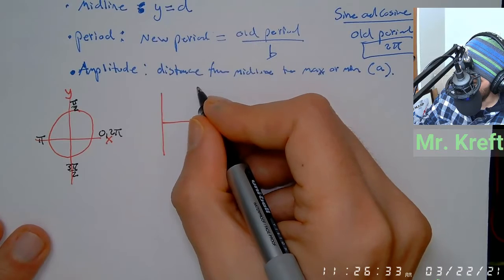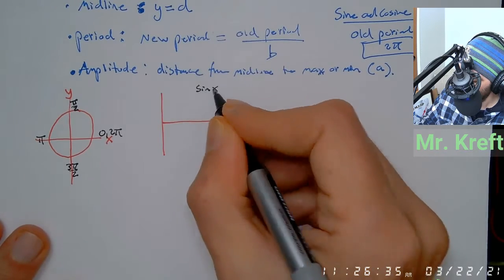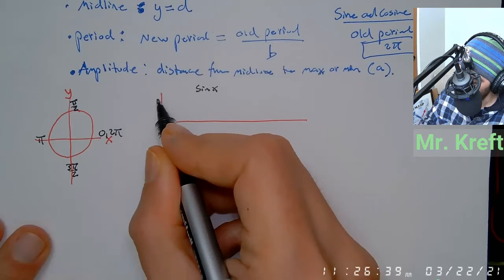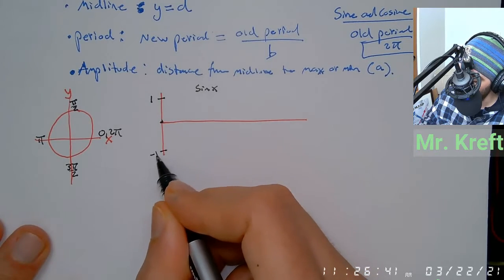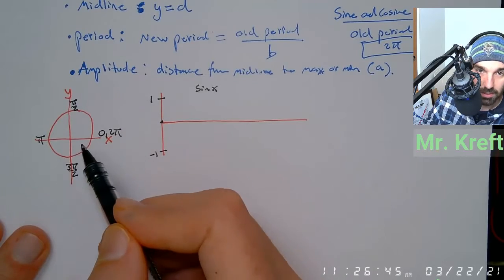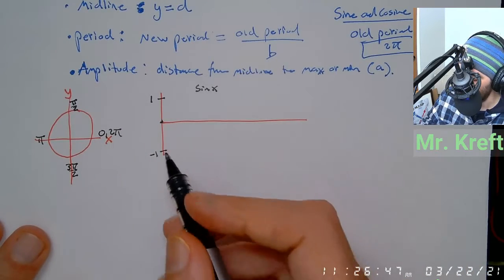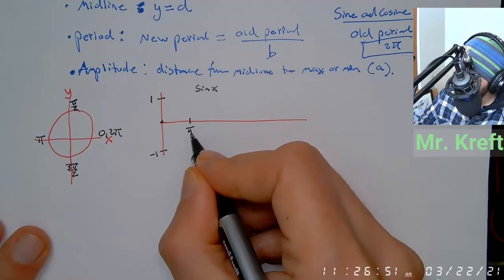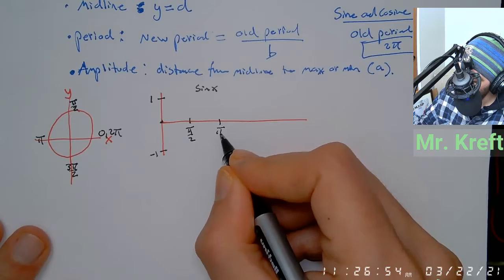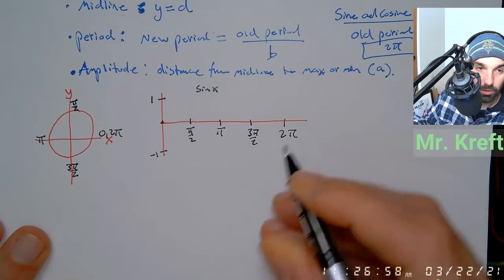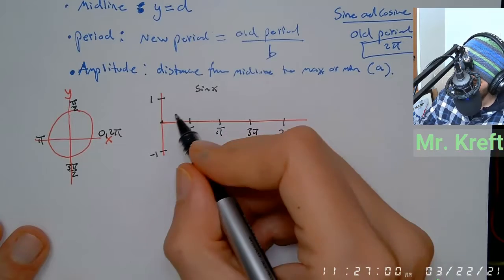If I graph sine of x, sine starts at 0, it goes up. The 1 has to do with the amplitude, so that's the radius. Amplitude on a circle is your radius. That's kind of cool to think about. And then we have pi over 2, pi, 3 pi over 2, and 2 pi. So this is going to be 1 period.